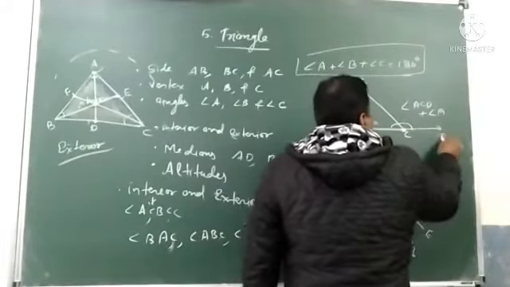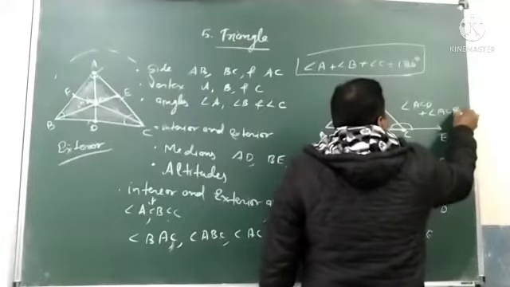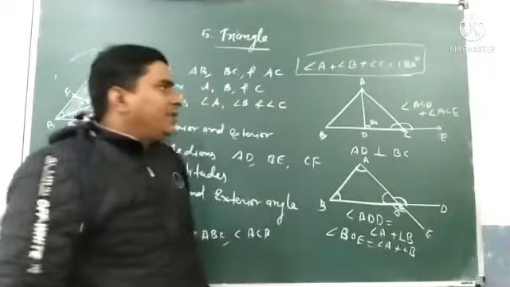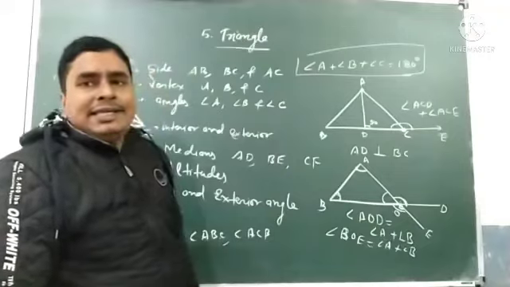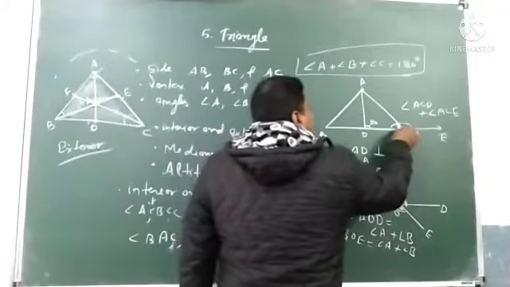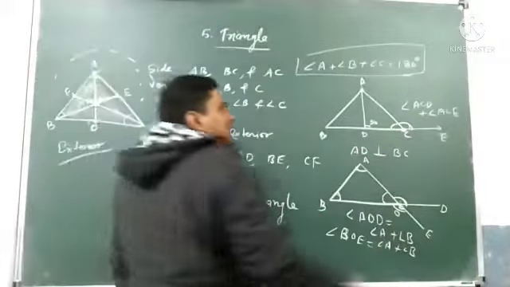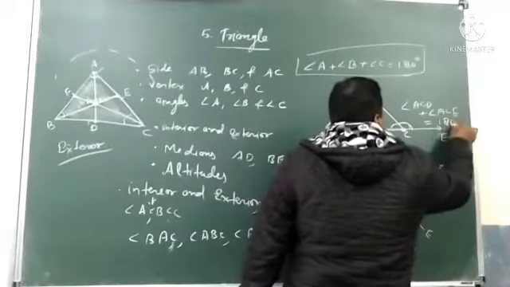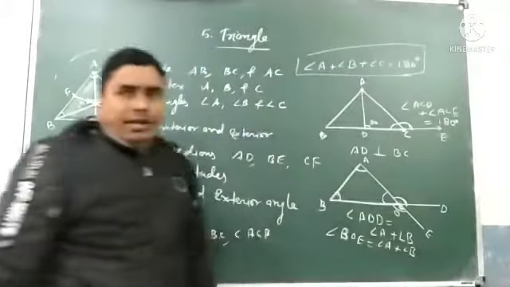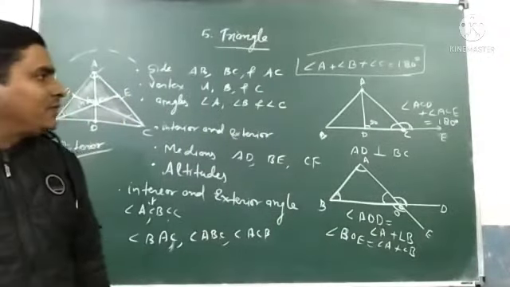Sorry, this is E, suppose point E. So ACD and ACE. At the corner point, the sum of the exterior and interior angle is always equal to 180 degrees. Okay, students, clear?